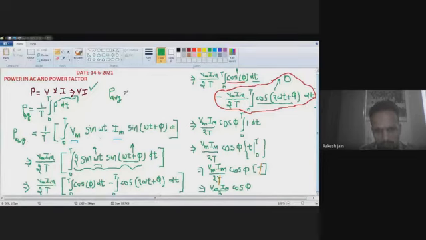So I can write this as Vm upon root 2 times Im upon root 2 and cos phi, because root 2 multiplied by root 2 will again be equal to 2.